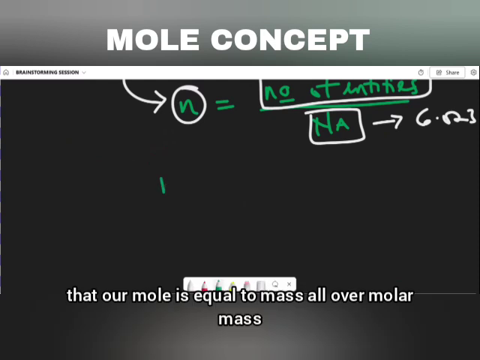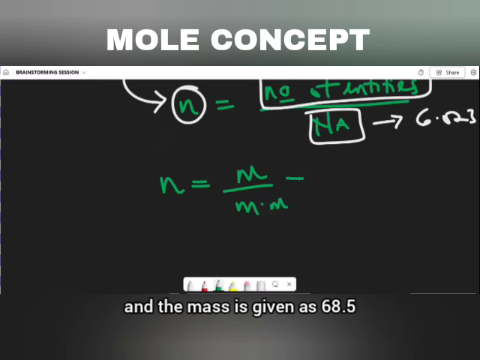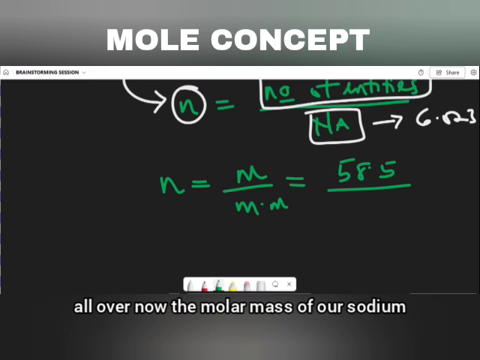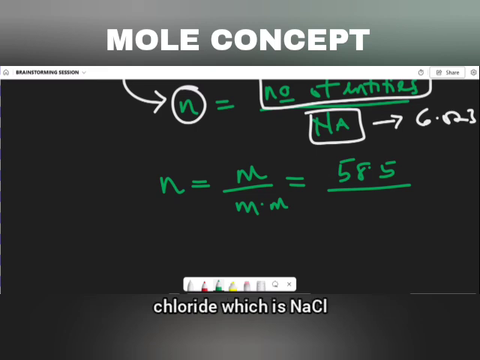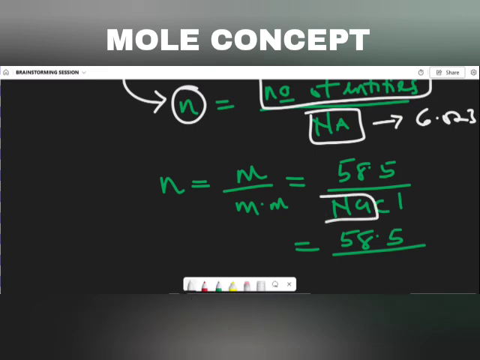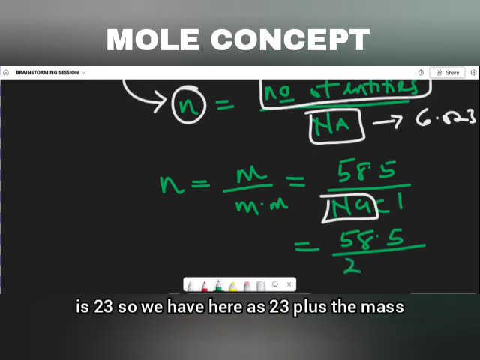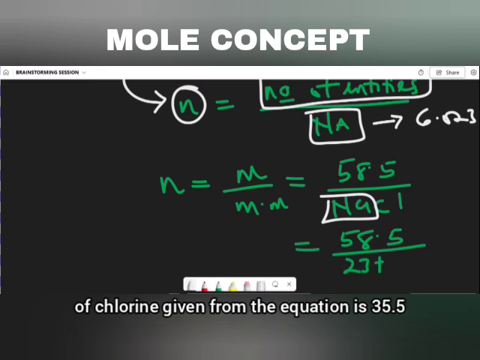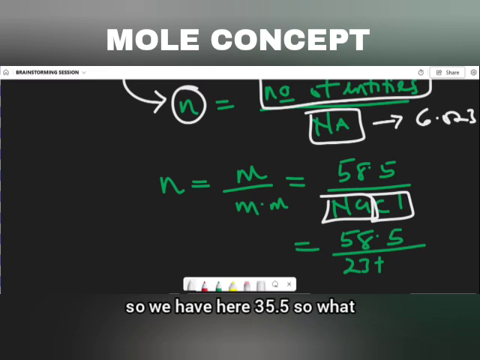We already have that mole equals mass over molar mass, and the mass is given as 58.5 over the molar mass of our sodium chloride, NaCl, which is 23 plus 35.5.